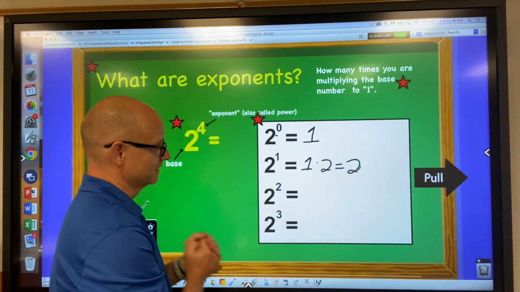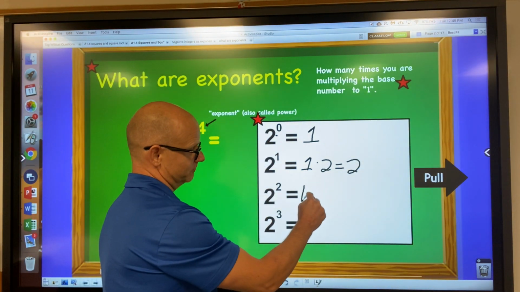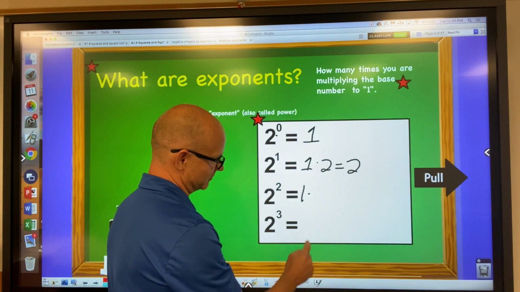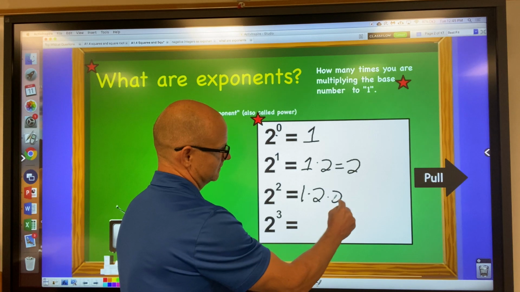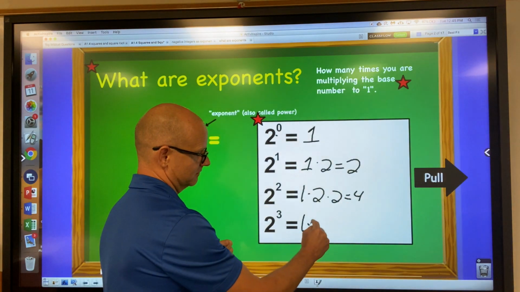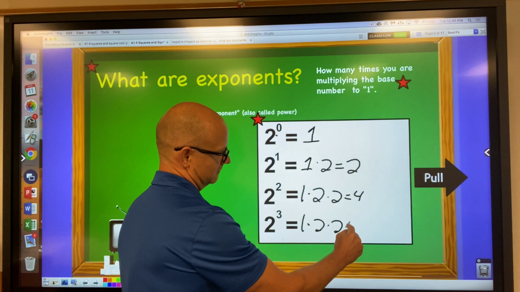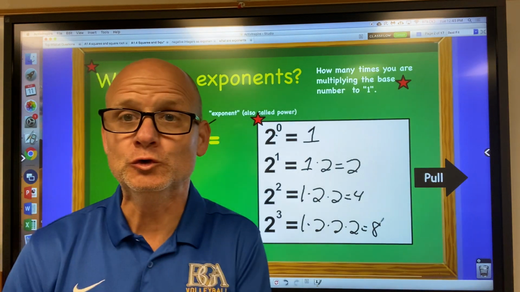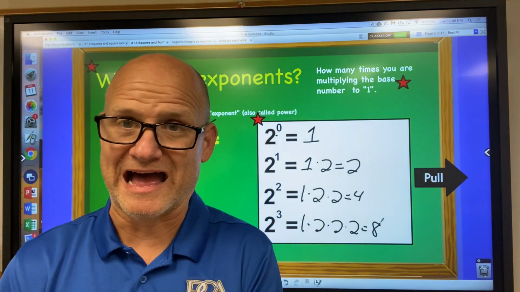None. 2 to the 2nd power would be 4. And 2 to the 3rd power is 8. Again, it's the number of 2's you're multiplying to 1 by.